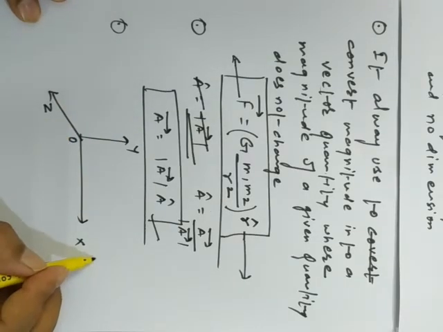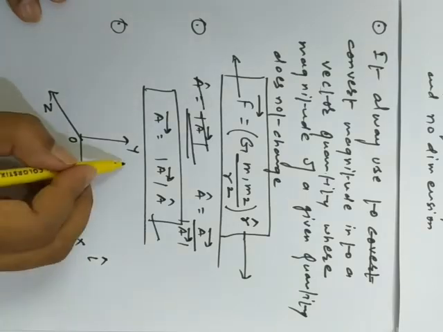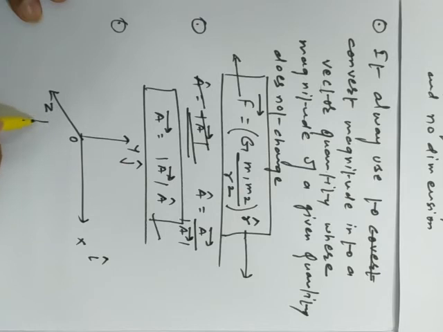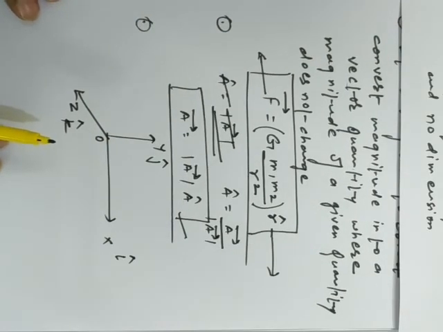Along the direction of x we are using i cap, that is a unit vector. Along the direction of y we are using j cap, and along the direction of z we are using k cap. So i cap, j cap and k cap are the standard unit vectors along the directions of x, y and z.